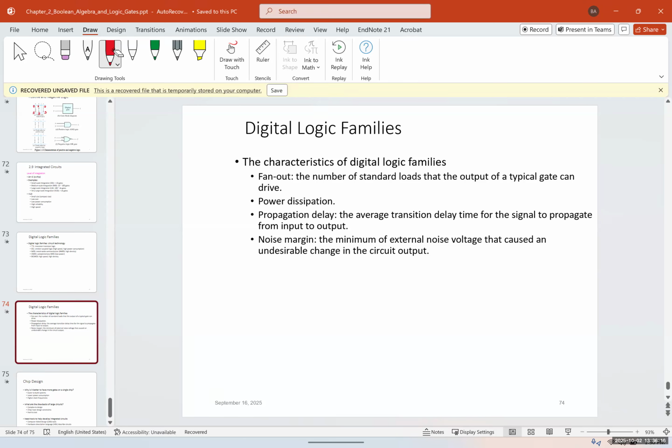So fan out depends on the output power of the logic gate. Then we have the power dissipation, and the propagation delay, the average transition delay time for the signal to propagate from input to output. Obviously, we want a very fast logic gate, so the faster the speed, the lower the propagation delay. Then we have the noise margin, the minimum external noise voltage that can cause an undesirable change in the circuit output.